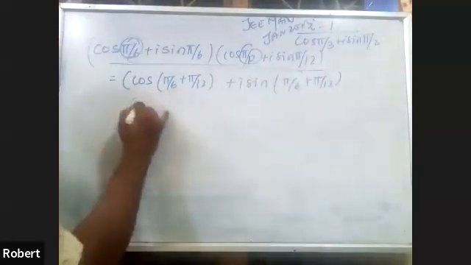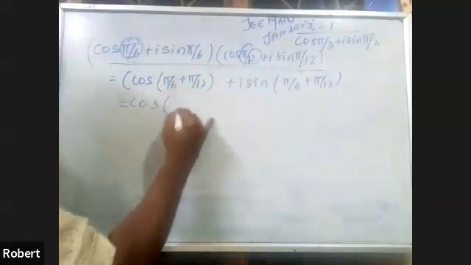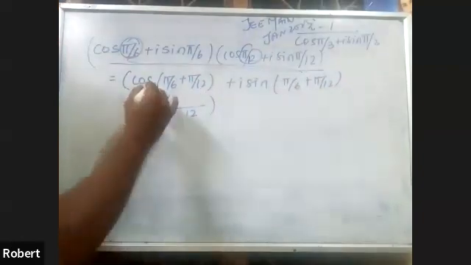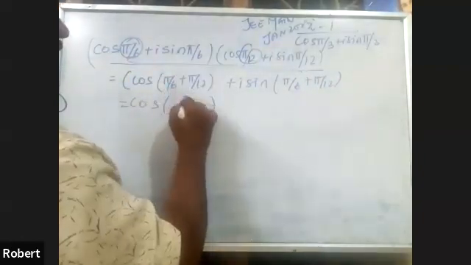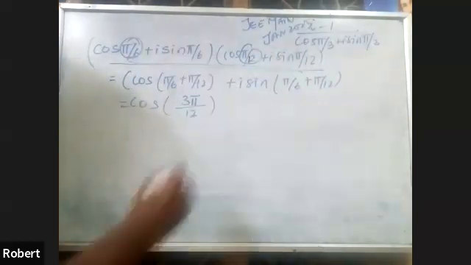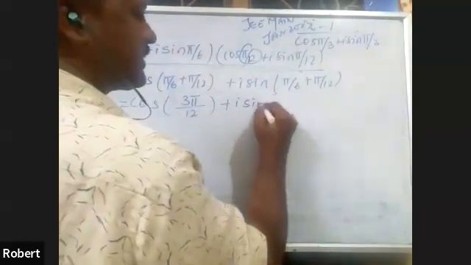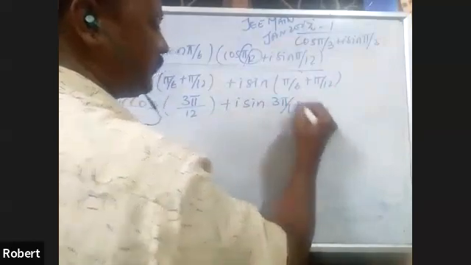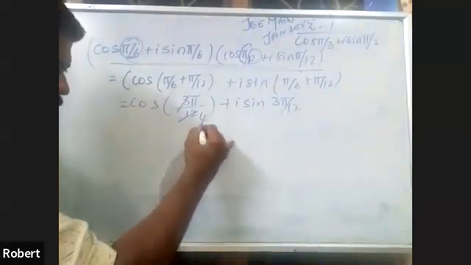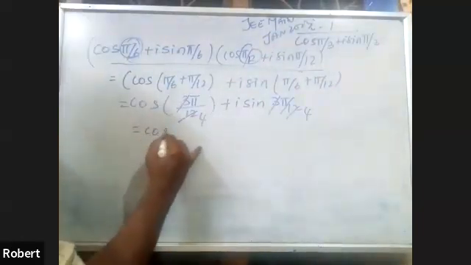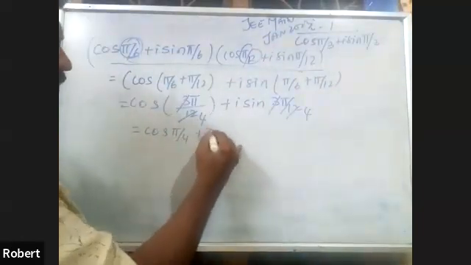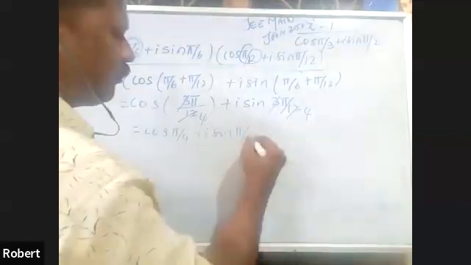If you add these two, 12 is the LCM. 6 will go 2 times in 12, so 2 pi plus pi, I can write this as 3 pi by 12, plus I sine 3 pi by 12. Now you can cancel, 3 will go 4 times. Therefore, we get the answer cos pi by 4 plus I sine pi by 4.